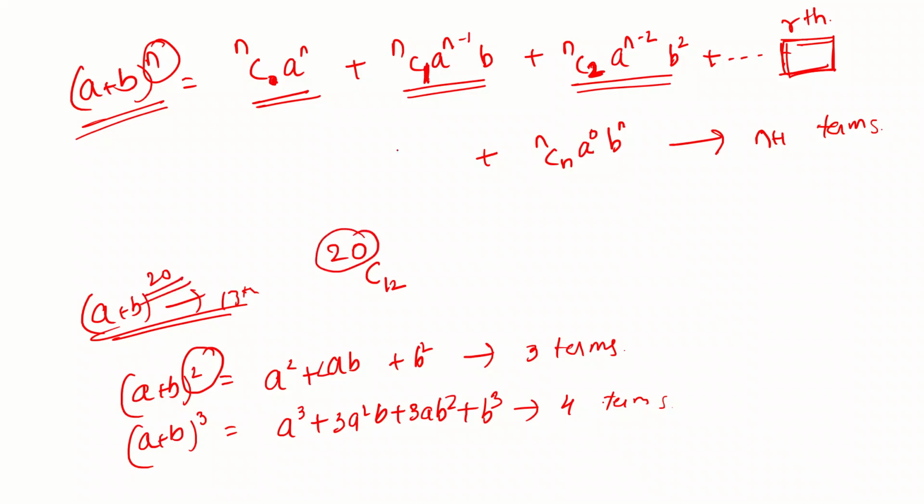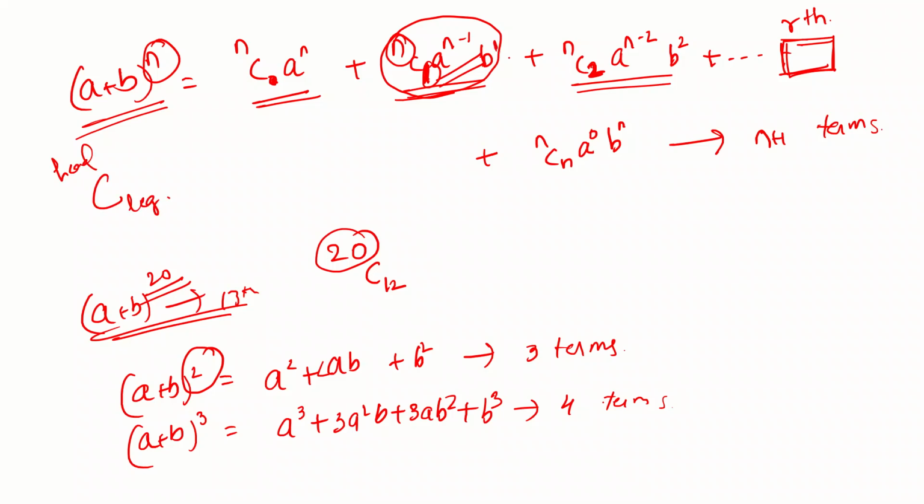Okay, another observation is what we have in the powers of A and B. If you observe, A's power is always n minus the leg, that means the difference of the head and the leg. So if I say that this is my C, whatever is here is my head and whatever is here is my leg. So in the power of A, I have head minus leg, and in the power of B, I have just the leg.